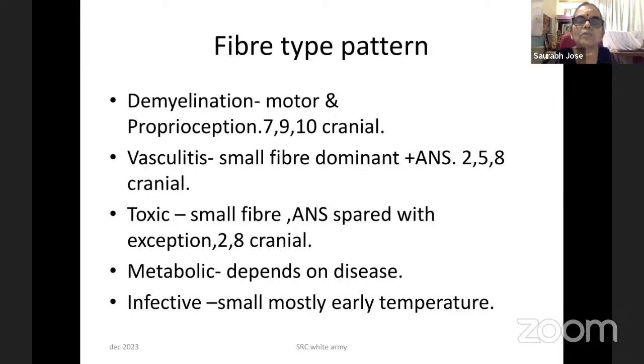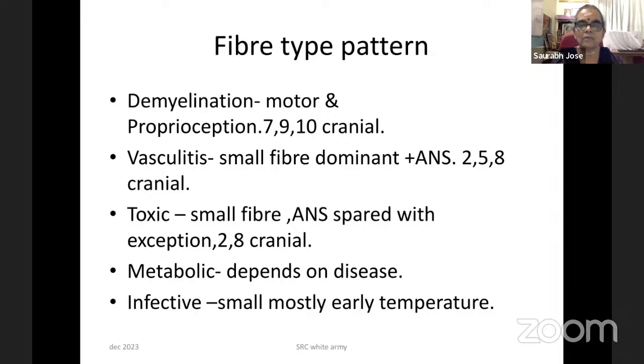What are the fibers which are rich in myelin? A demyelinating disease will involve them: motor fibers, proprioceptive fibers, and cranial nerves 7, 9, and 10.